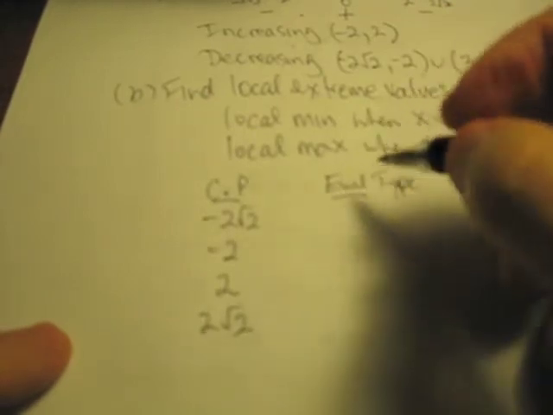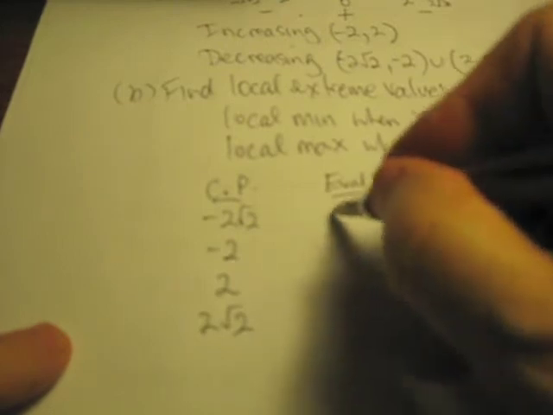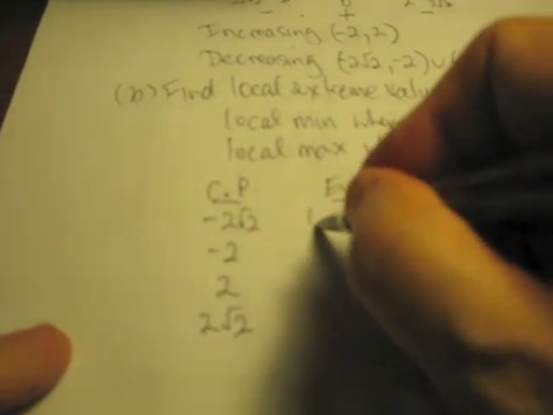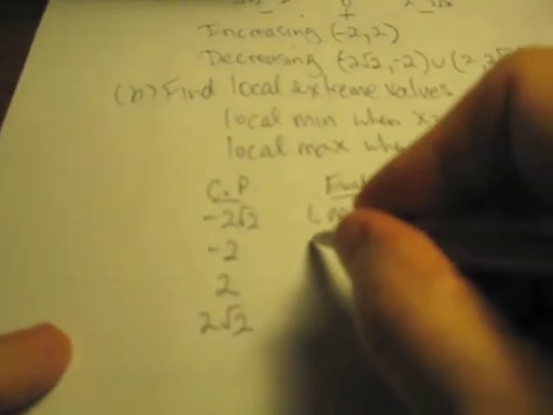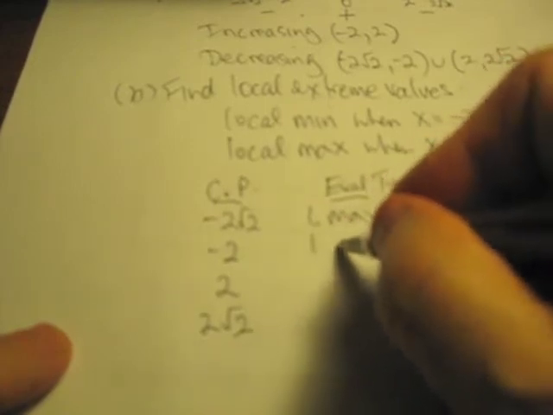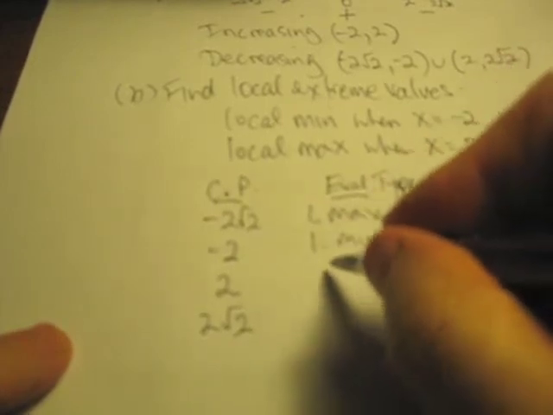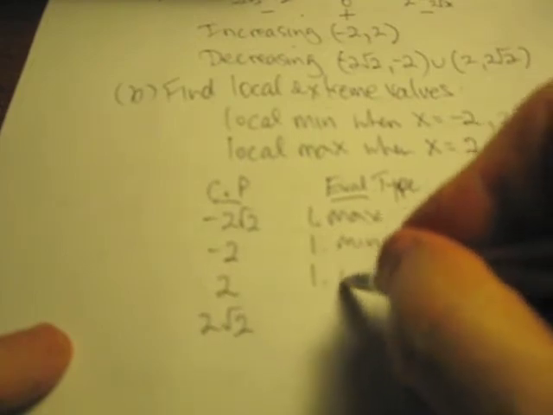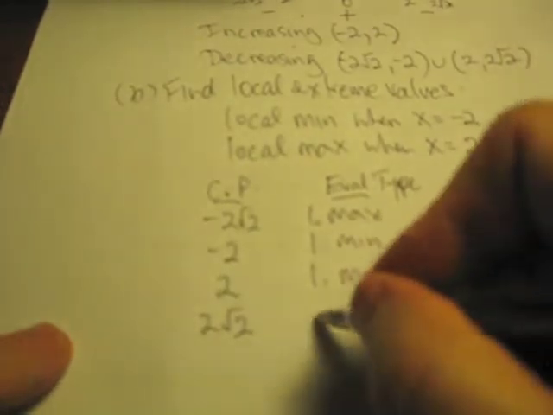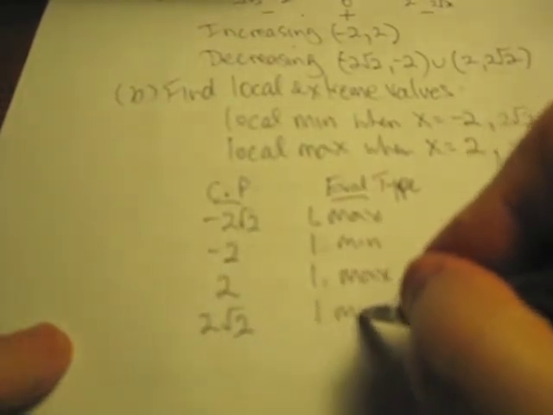At the moment this first one is a local max, this one here is a local minimum, 2 is going to be a local maximum, and the last one is a local minimum.